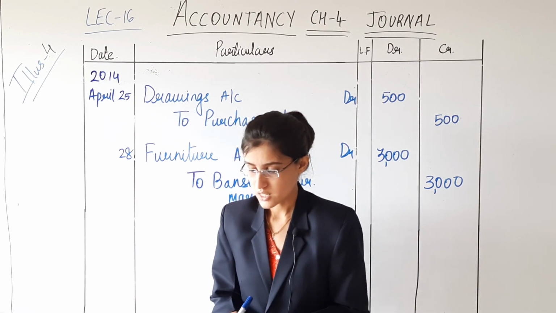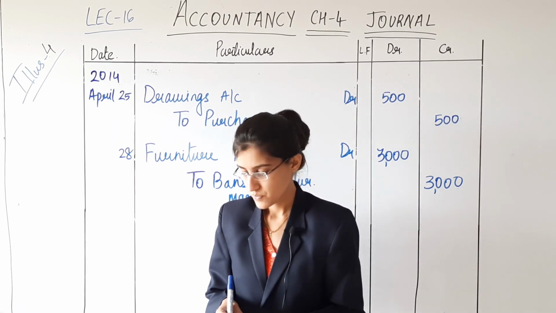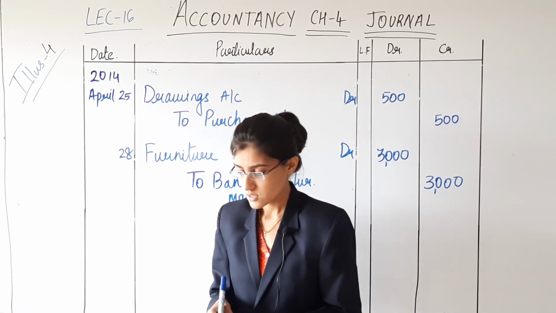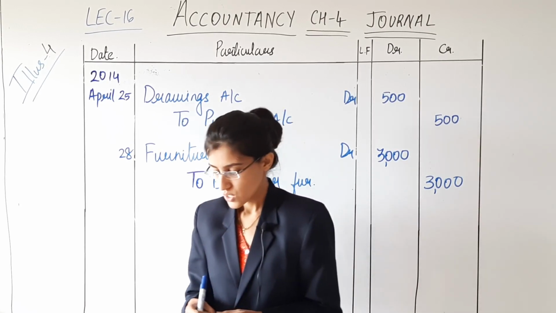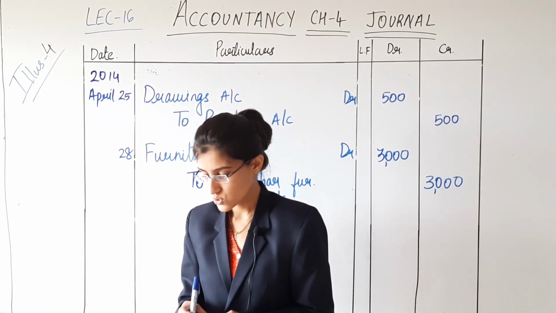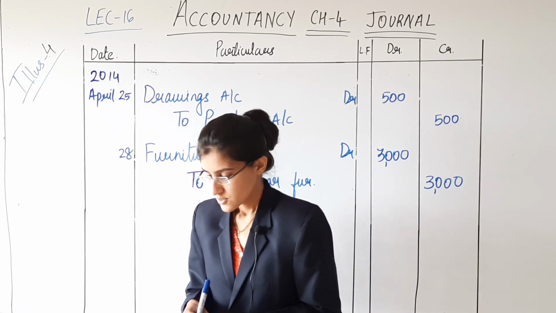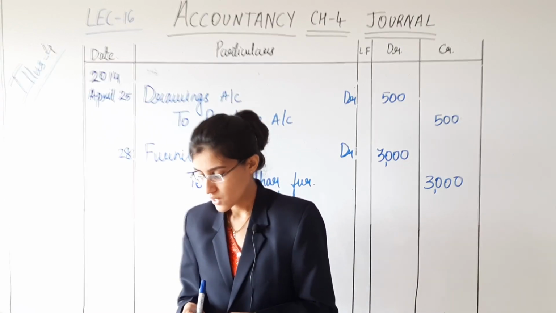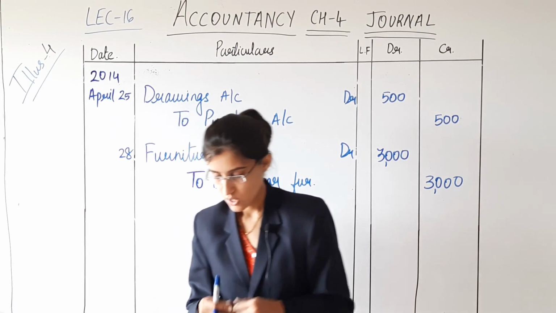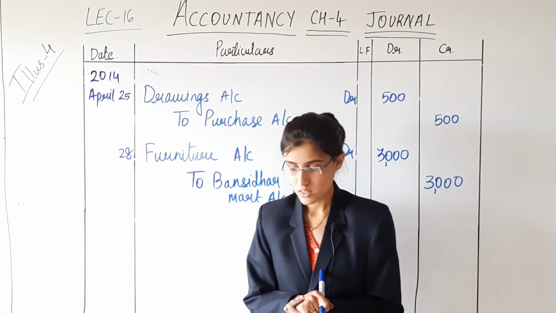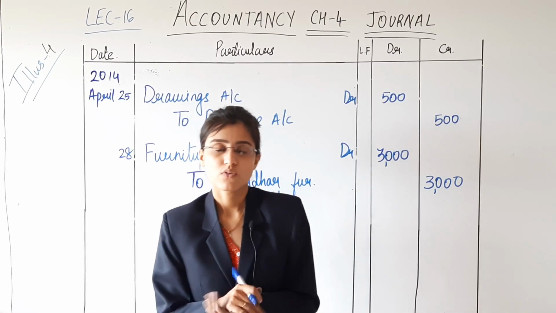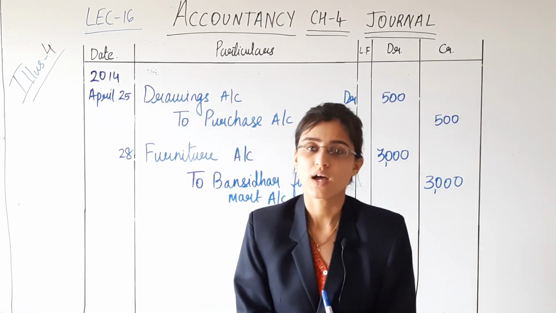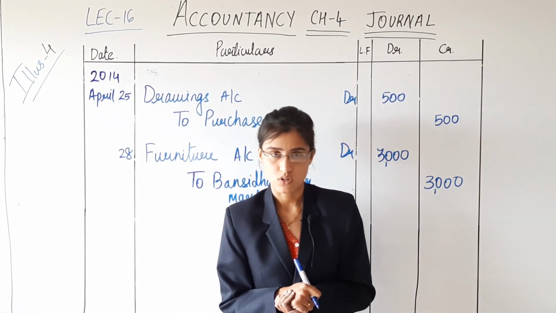The last transaction of illustration 4: after adding 20%, goods of rupees 1000 sold to Chandni. Carriage of rupees 50 paid on her behalf. Firstly, 20% of 1000 is 200. Yes, so goods are of rupees 1000. You've added 20% of profit on it.